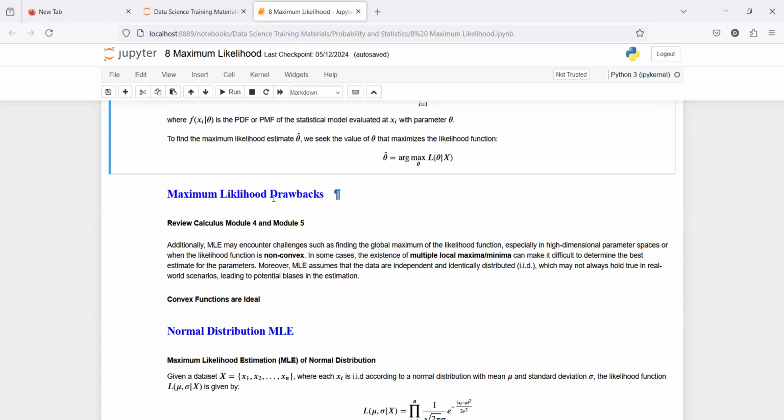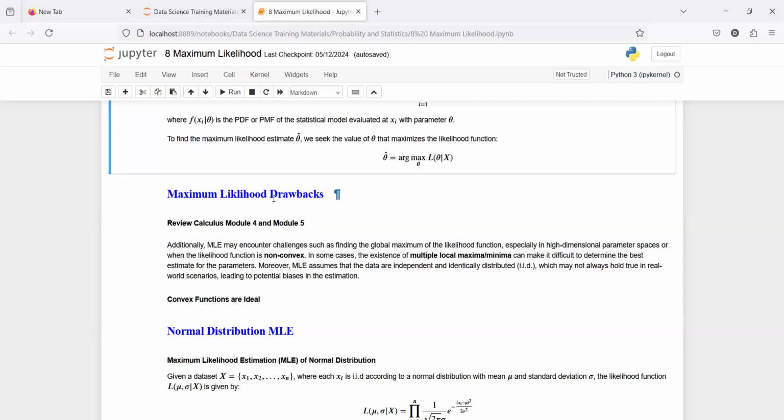Moreover, MLE assumes that the data are independent and identically distributed, which may not always hold true in real-world scenarios, leading to potential biases in the estimation. We saw that in a multivariate normal where X and Y were moving together, correlated. That would not be good. Independence basically means that one observation doesn't influence the other.